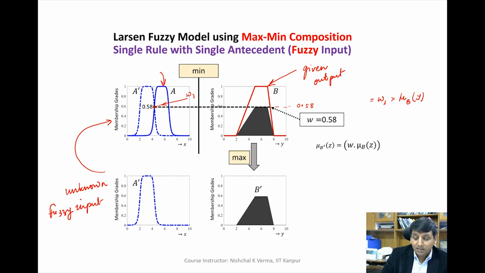When we multiply this with mu B y, we get the membership function of the resulting output fuzzy set, that is B dash. So I can write here mu B dash y.